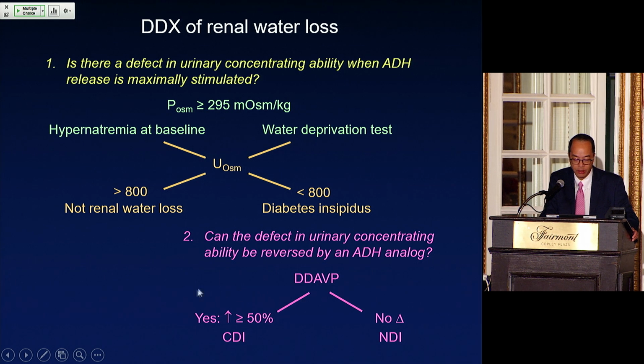And how much can you concentrate the urine? You should be able to increase the urine osm by at least 50% in the first 2 hours. It doesn't return all the way to normal initially because patients that have chronic polyuria have washout of their interstitial gradient. But it should increase by at least 50%. If it doesn't, then these are patients whose tubules are unresponsive to ADH, which is the definition of nephrogenic DI.